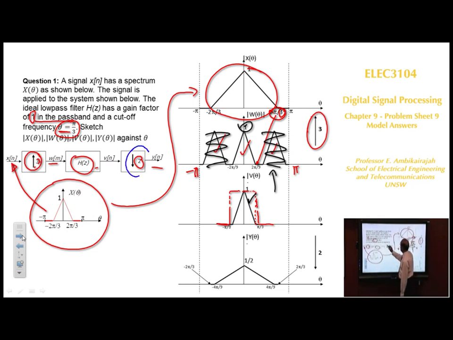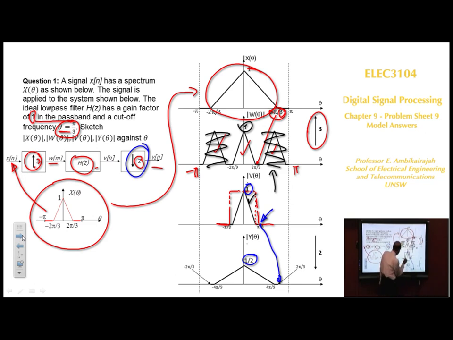And then you are downsampling by 2. That means this gain is now divided by 2, which gives you 1 over 2. And this position is 2 pi over 9, so if you multiply it by 2, that position comes to 2 pi over 3.